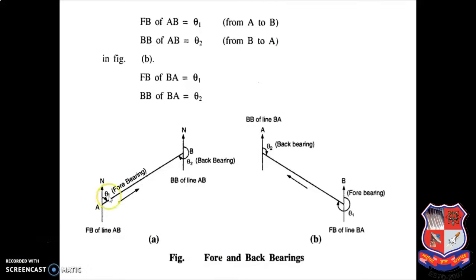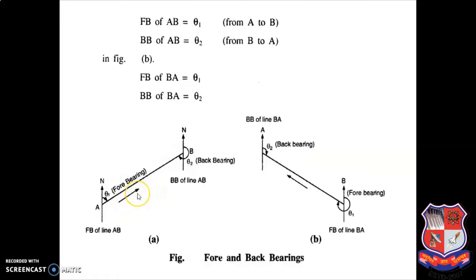Now I will explain forebearing and back bearing with the help of this figure. You can see your line AB is given to you. This is the north direction, and this theta 1, the angle that we have measured, is called the forebearing for line AB, and this theta 2 is called the back bearing of line AB.